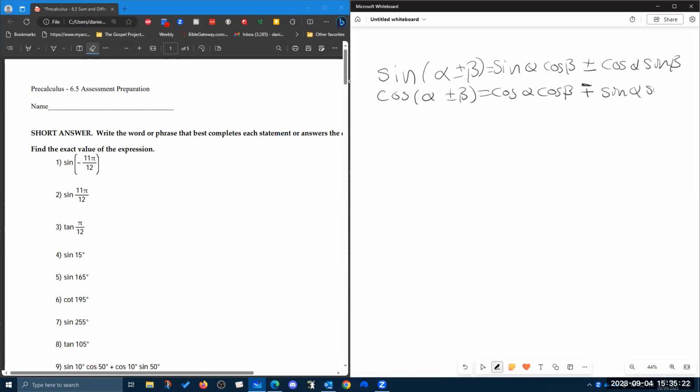And then tan of alpha plus or minus beta is tan alpha plus or minus tan beta over 1 minus or plus tan alpha tan beta. So you can start committing those three formulas to memory. Those will really help you. We're going to be using all three of them here in this video.